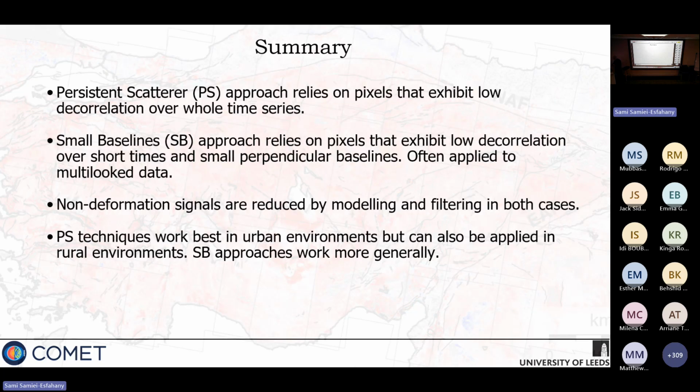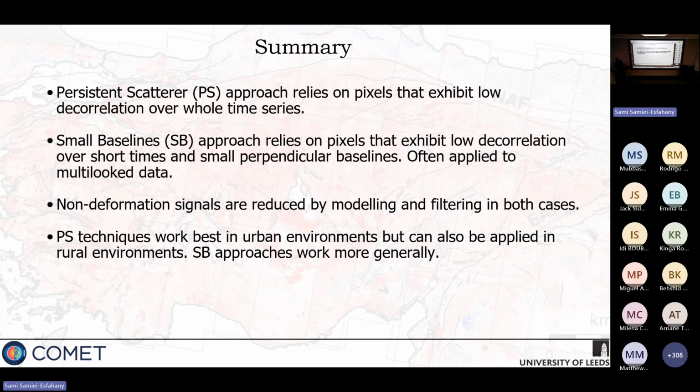Okay, great. So just to summarize then, I talked a lot about persistent scatterer approaches because they're maybe a little bit harder, a little bit further removed from standard InSAR, I'd say. They rely on pixels which are coherent throughout the whole time series, essentially. Whereas small baseline approaches are appropriate for pixels that do decorrelate in time.